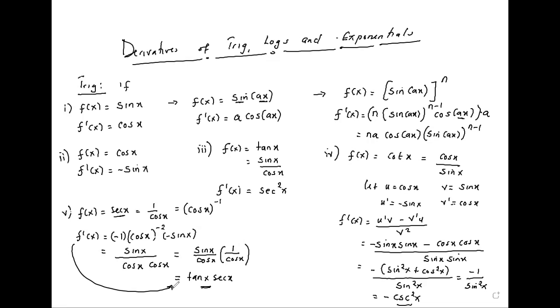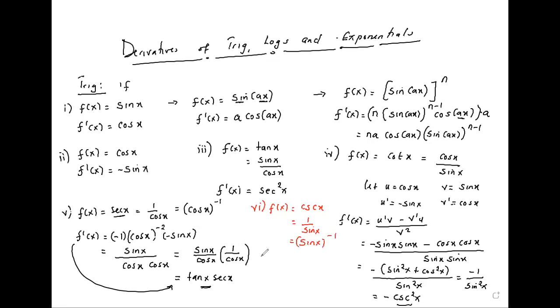You can also see that, well, if f of x, the sixth one, is cosec x, you know this is just 1 over sin x, which you can write as sine x to the power -1.